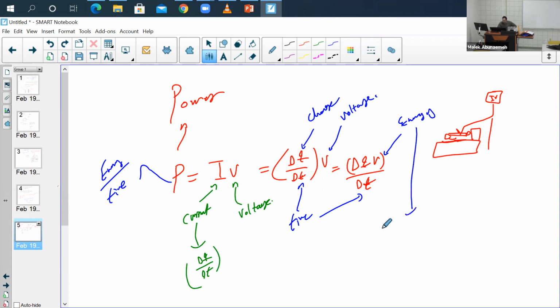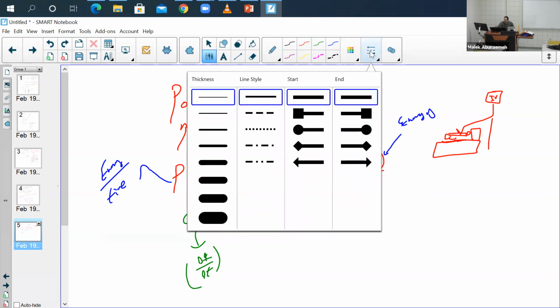That means your voltage is going to equal your work over the charge.